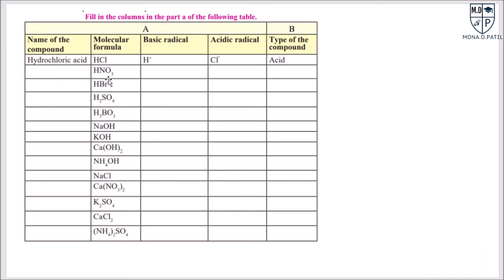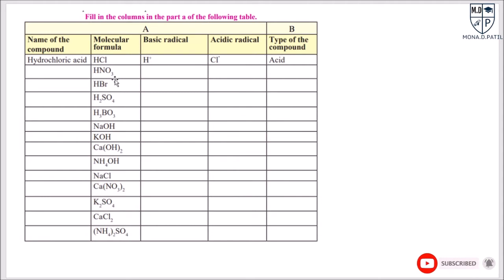So first, this is nitric acid, so the name will be nitric acid, giving H plus and NO3 minus. And here will come acid. From this we come to know that the compound that releases a hydrogen ion as the basic radical is the acid.